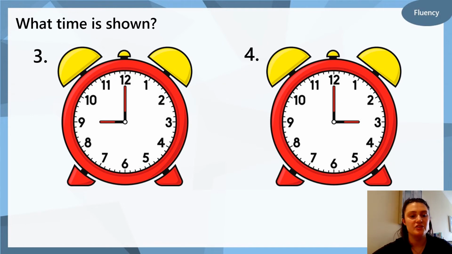So have a look at question 3 and question 4 and write down what time you see. Here is question 5 and question 6. I'd like you to write down what time you can see on the clock in question 5 and in question 6.